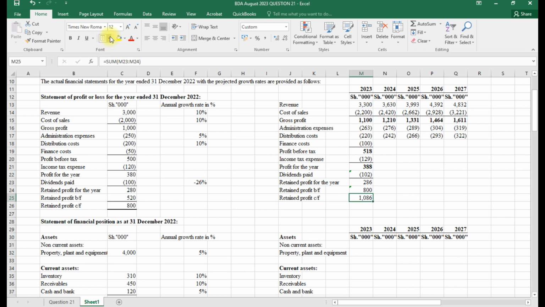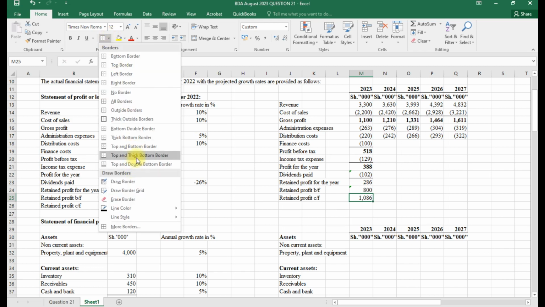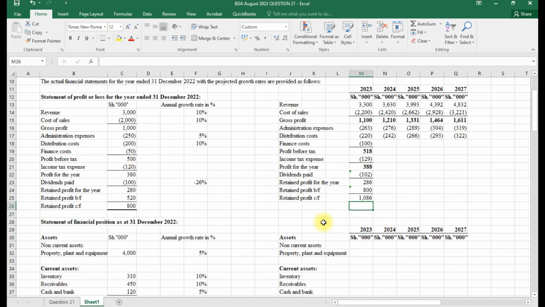And I'll use the top and thick bottom border, that way. I'll bold this. So that will be our retained profit carried forward, the profit for the year plus whatever we had brought forward from the previous period to get what we are carrying forward. That for the first year.